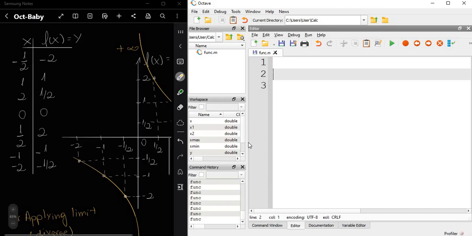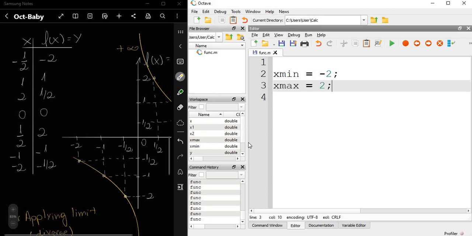Establishing a range is very simple. We just have to name these variables and pass to these variables a limit value. So it is ranging from, let's see, minus 2 to 2. So that is the range of the x-axis.